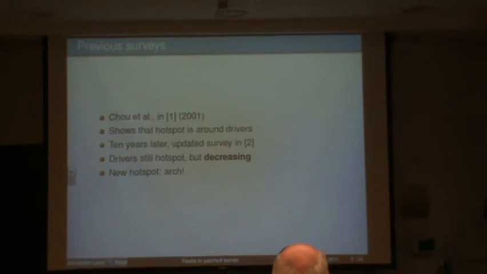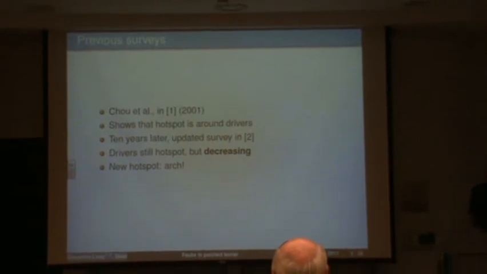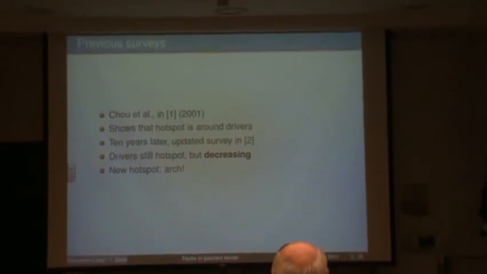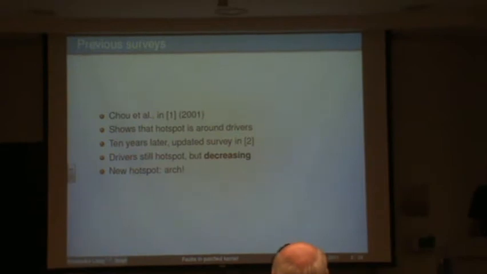Previous surveys have been done. The first one I found was Chou et al., in 2001, and it was an empirical survey using tools designed by Stanford people, who later founded the Coverity company. They extended GCC with what they call the metal language, which they use to check for properties on code, and they applied it to the Linux kernel.